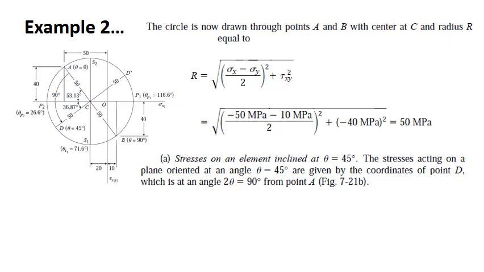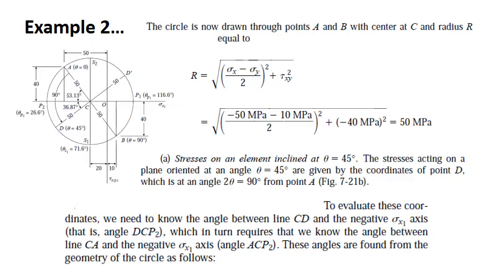Coordinates of point D. So theta is equal to 45 degrees, which means you have to move by 2 theta in the Mohr circle. That is what we have learned in the earlier video lecture. But actually it is the theta equal to 45 degree plane. Graphically we have to go by 2 theta. So it is shown as 90 degrees. D and D prime. Right? So evaluate their coordinates.